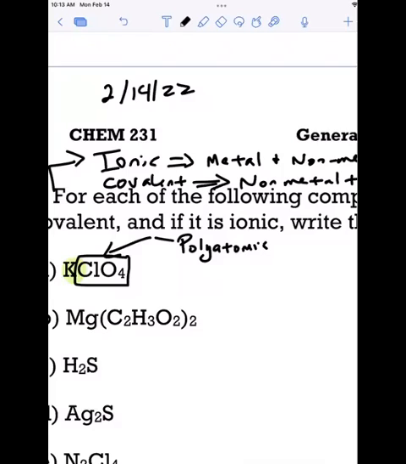There should be a PDF document of the table of polyatomics. Let me add it again. Click on open that document up real quick, and we're going to use that because that's a huge part of nomenclature, is knowing the polyatomics and what the names are.